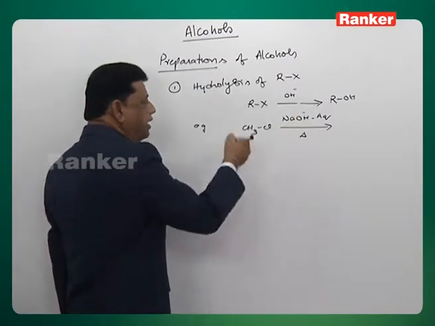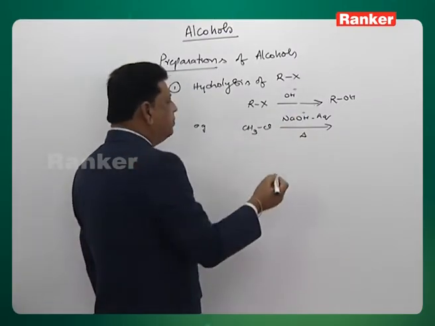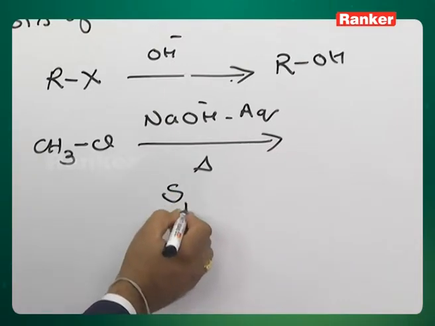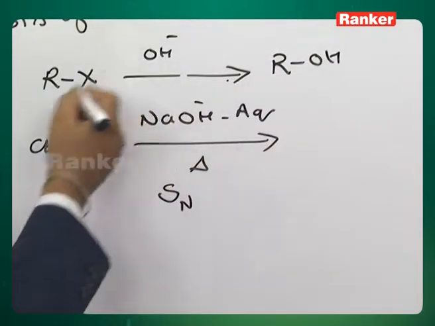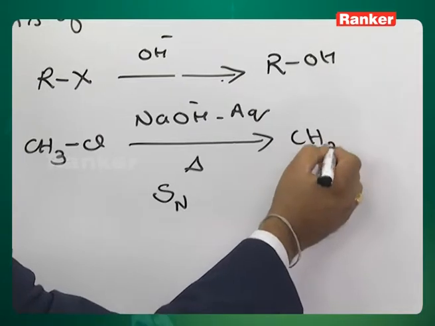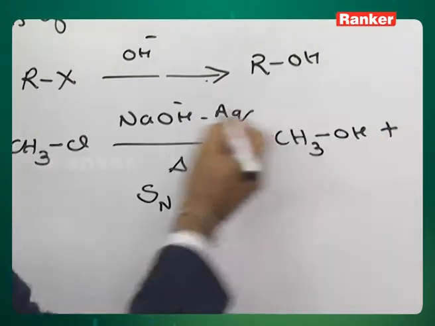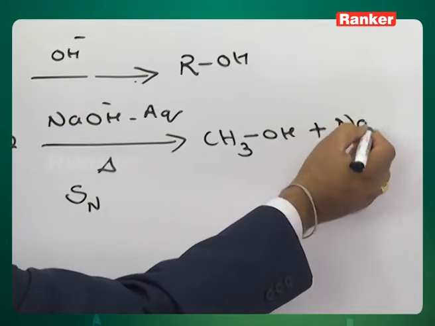The OH will replace the Cl, and this is a nucleophilic substitution reaction where OH is replacing Cl and you are getting methanol. The Na and the Cl come as the byproduct NaCl.